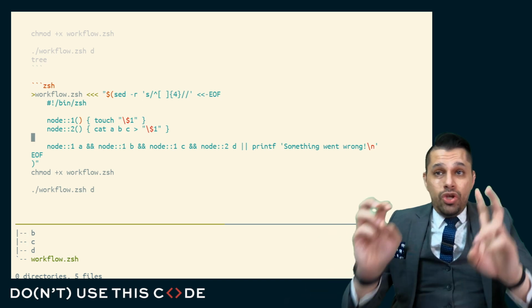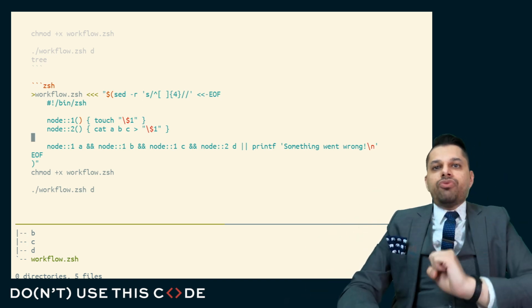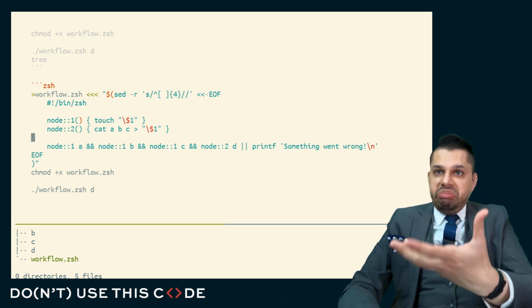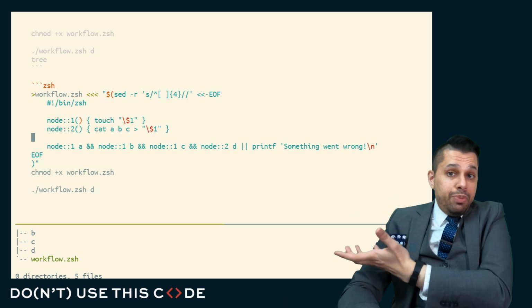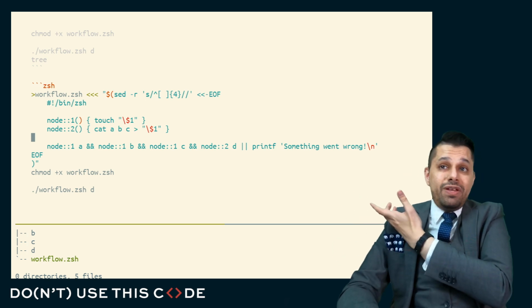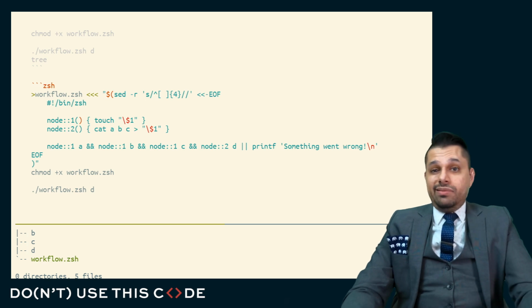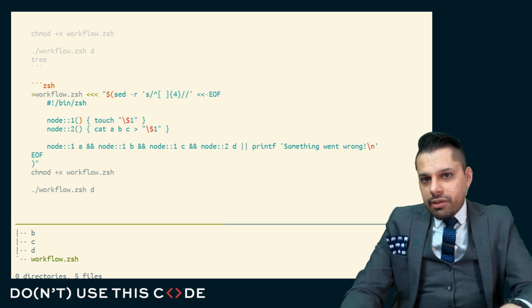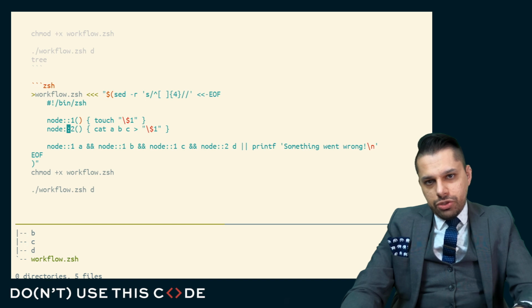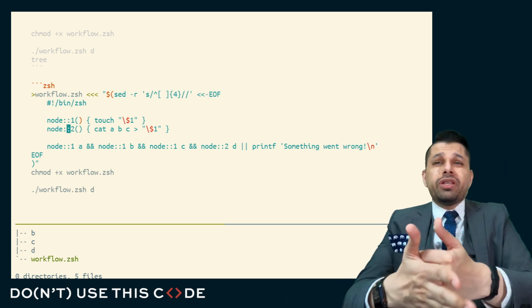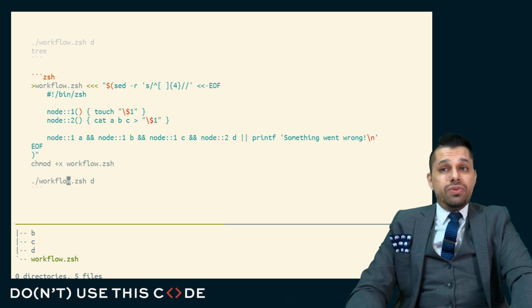I could say run node A, and if that succeeds, run node B, and if that succeeds, run node C, and if that succeeds, run node D. And you could think that's basically the same thing as the simple make file, and it's basically the same thing as my previous shell script. And each one of these nodes is programmatically just a shell function. So it turns out that there are some ways that we can write really simple shell scripts that replace the use of make for workflows, and these are only a couple of lines long, and this may be a more adequate tool, especially if we run into those hard limitations that we run into when we use make.